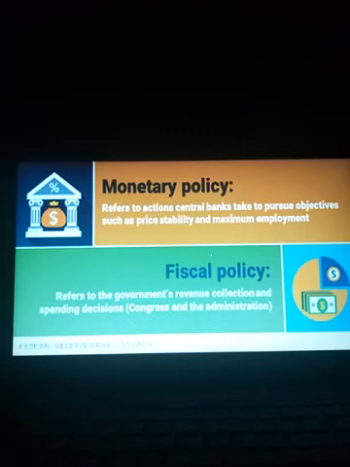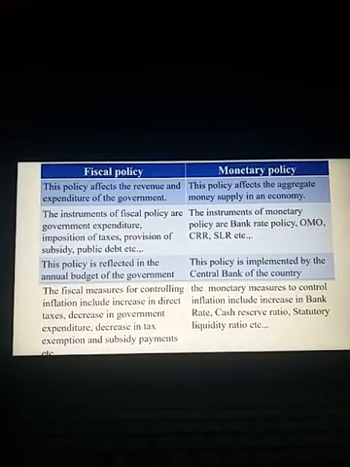Let us discuss in detail the differences between monetary and fiscal policies. After knowing the meaning of monetary and fiscal, let us move on to the differences. Observe the table very carefully. The very first point you come across is meaning.